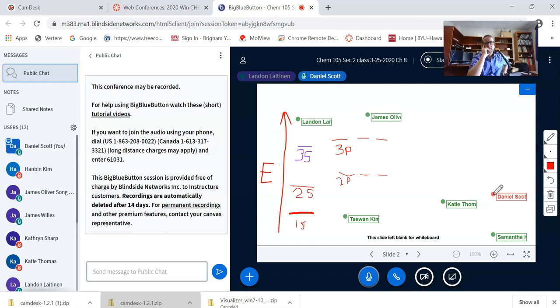4s. Now, how did he know it was 4s and not 3d? Katie Thomas, do you know that answer? Well, if you look at the periodic table, you have to go through that line before you can hit iron. That's right.